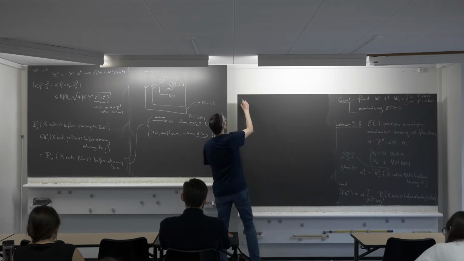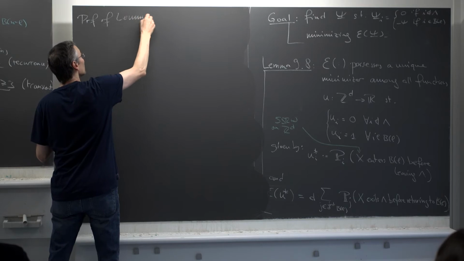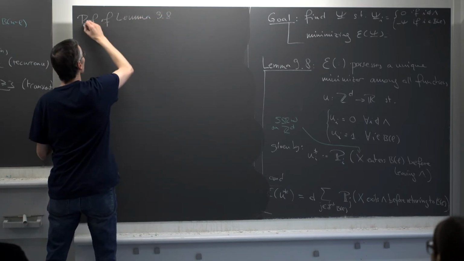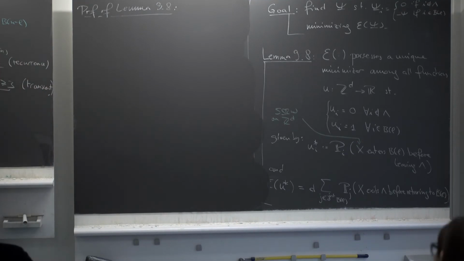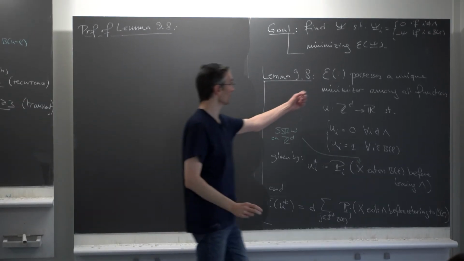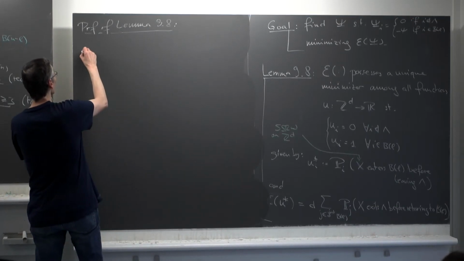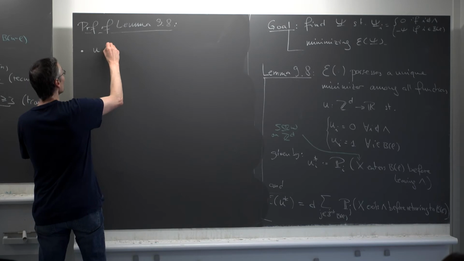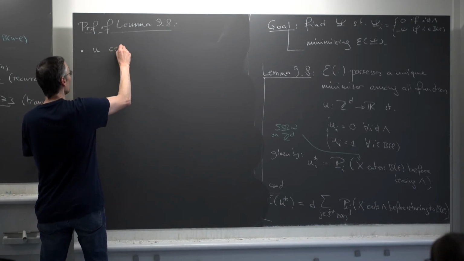Proof of lemma 9.8. So we are after the minimizer of this functional, so I will just write what it means to be a minimizer here. Let's first look at critical points of this functional.